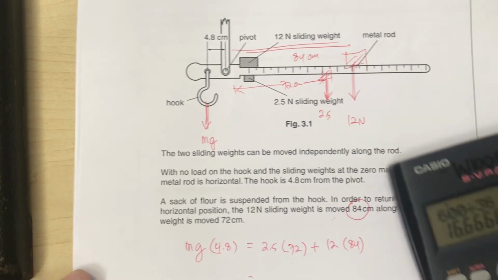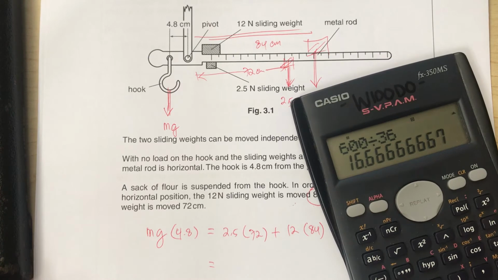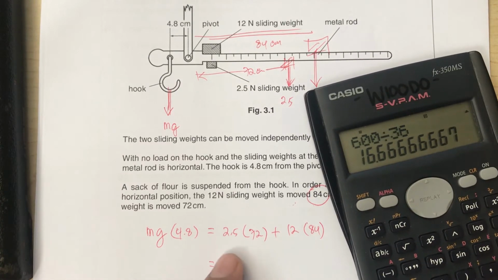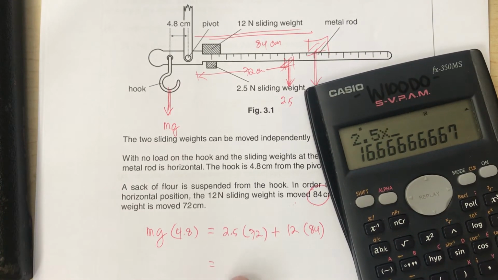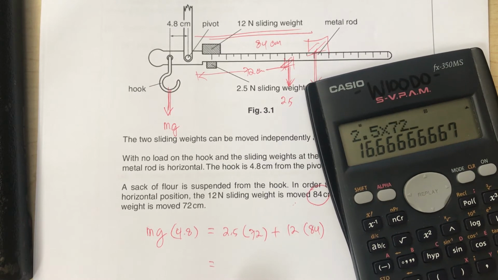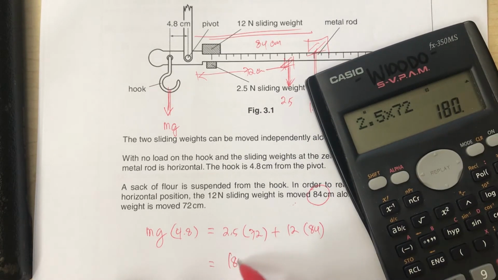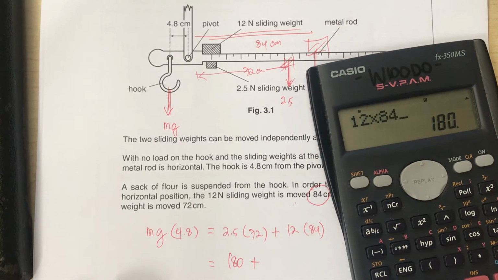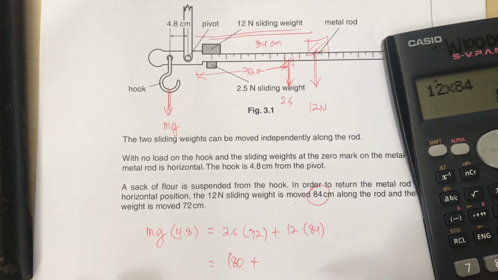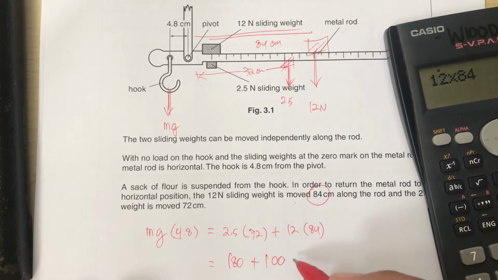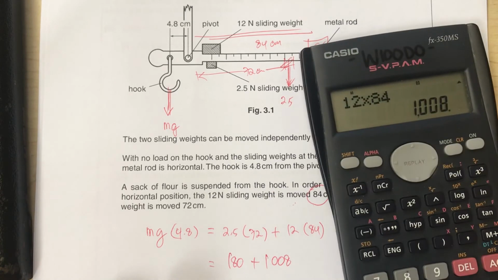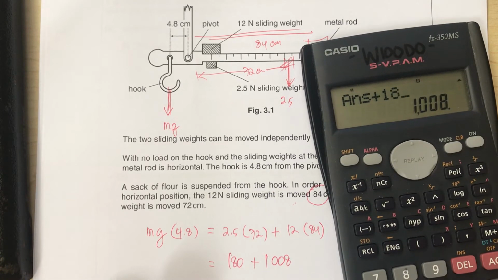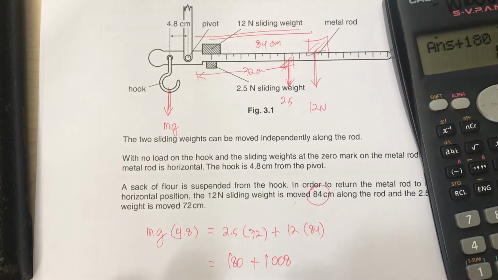Let me calculate these numbers. 2.5 times 72 is around 180, plus 12 times 84, which means 1008. And then if we sum them, this comes to 1188. This is mg.